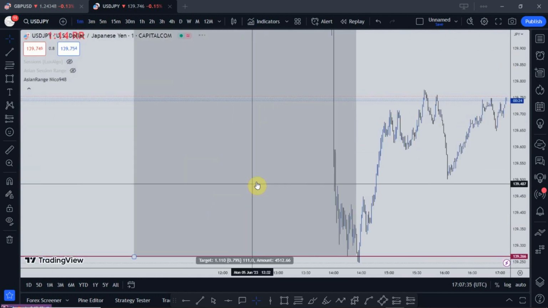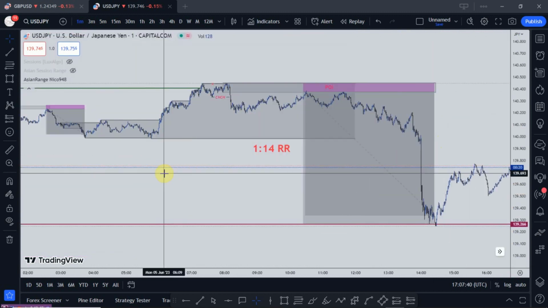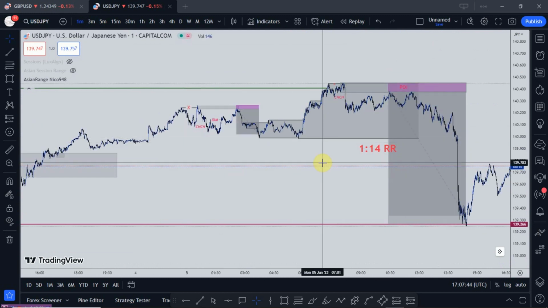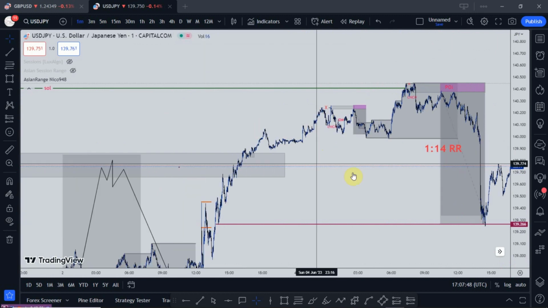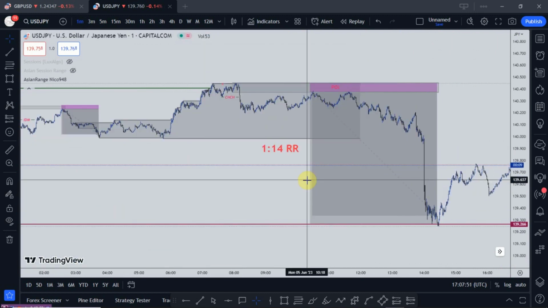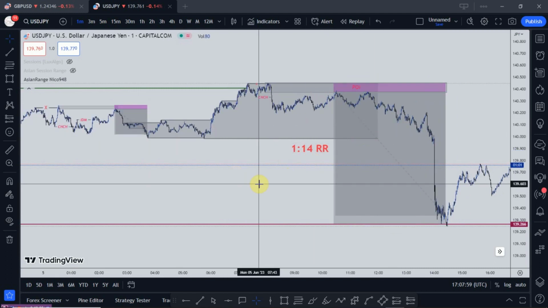I took this today. I did not use the Asian range for this trade because I already marked. I have a different strategy I use for long trades. So let's see what really happened. I don't want to analyze this trade.